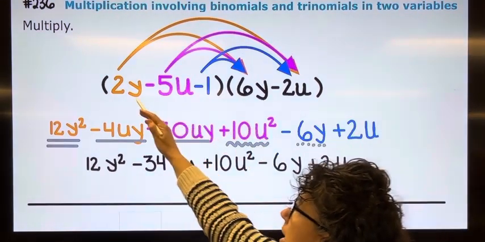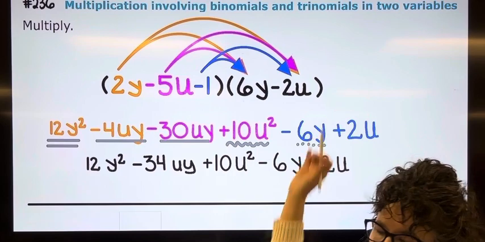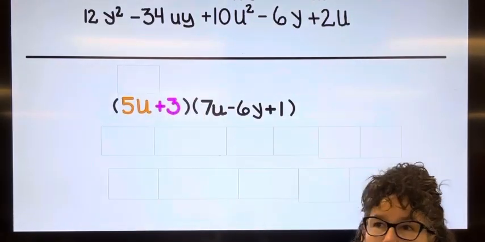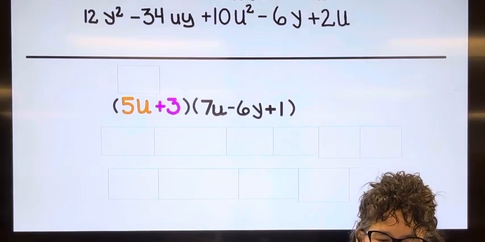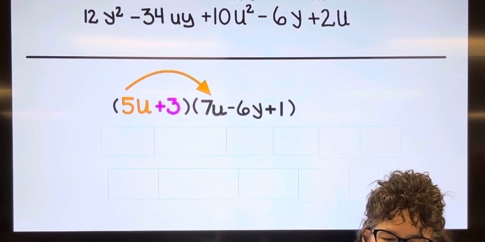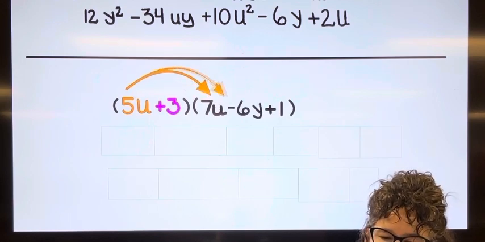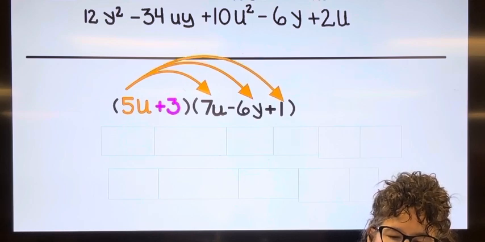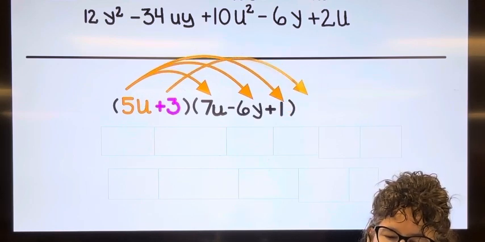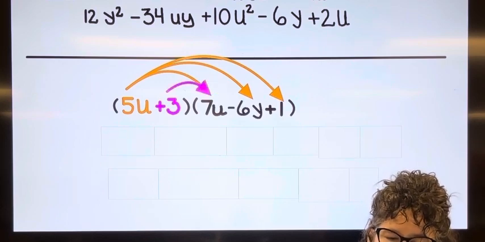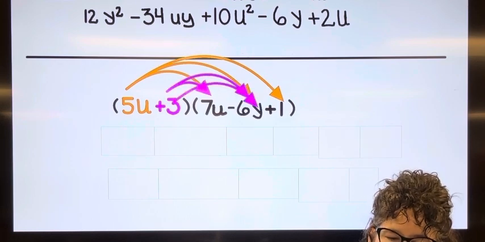Now notice this time there's 3 terms and then there's 2 terms. Here there's 2 terms and then there's 3 terms. So this time I would take this 5u times each one of these, and then I'm going to take the 3 and multiply it times each one of these.